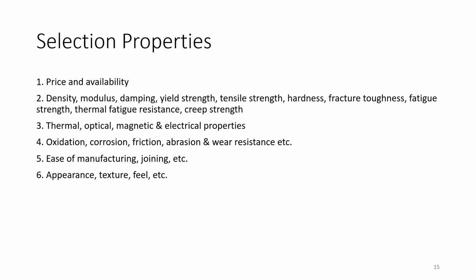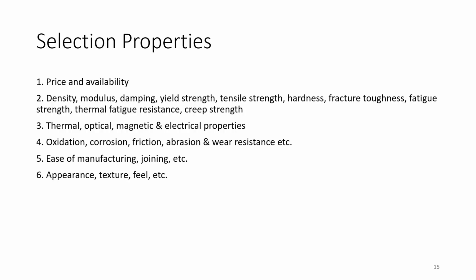Selection of properties. So properties can be of various types. Firstly you have price and availability, then you have density, which is a physical property, and other mechanical properties such as modulus, damping, yield strength, tensile strength, hardness, fracture toughness, fatigue strength, thermal fatigue resistance and creep strength.